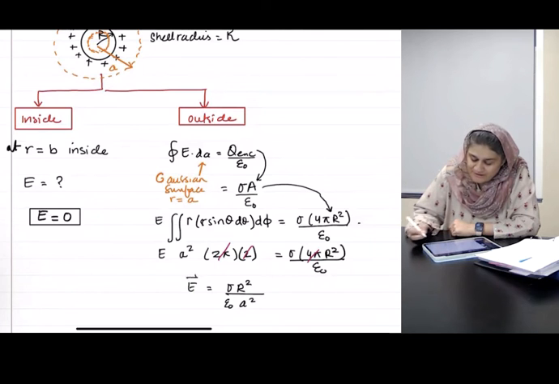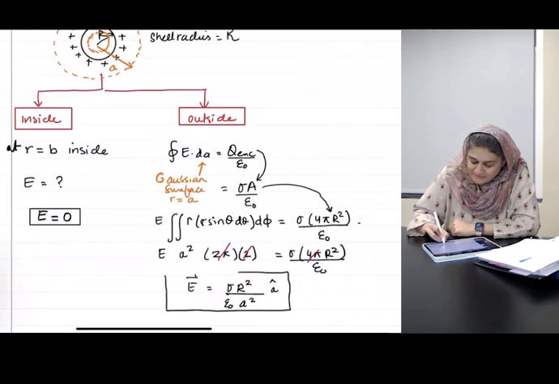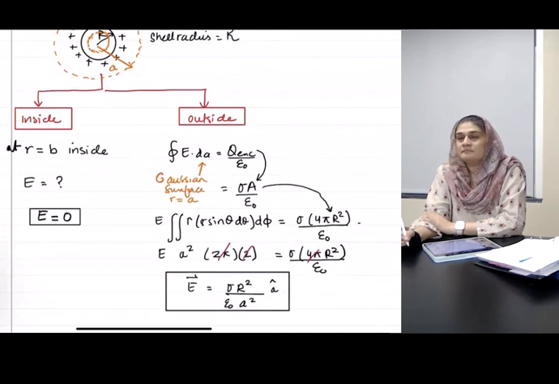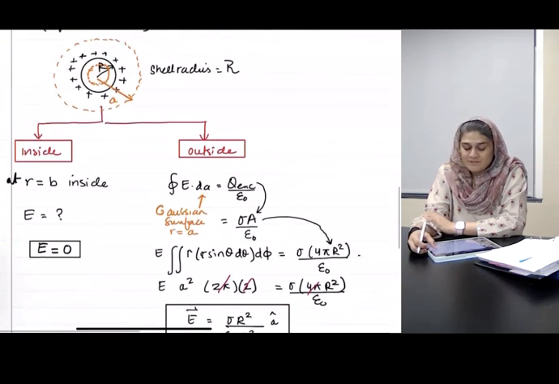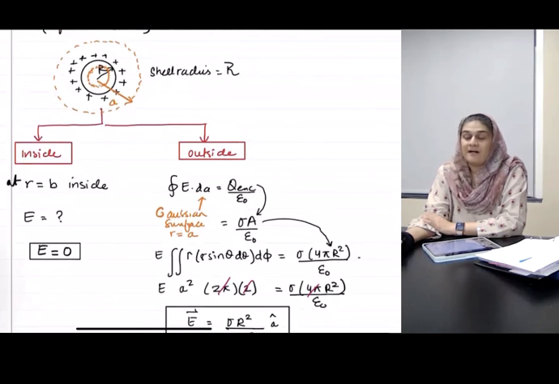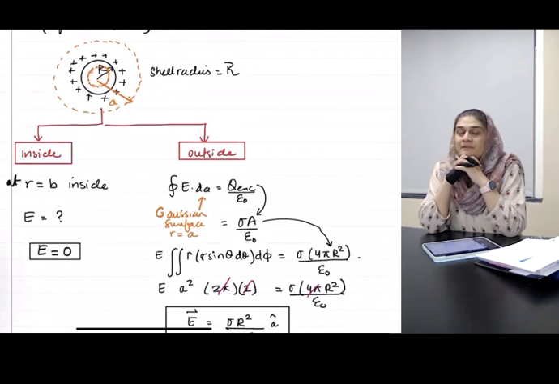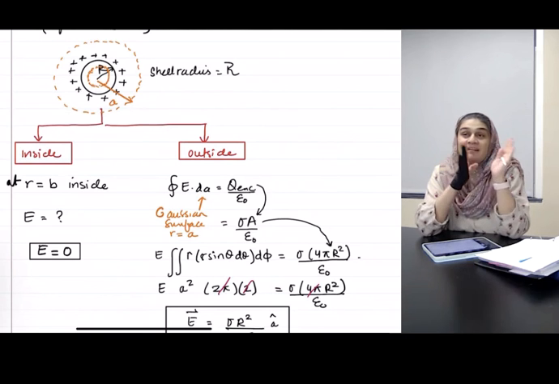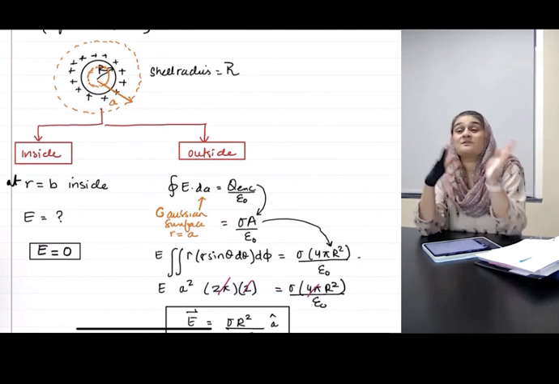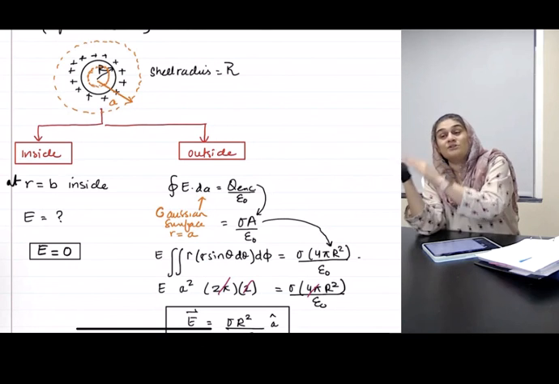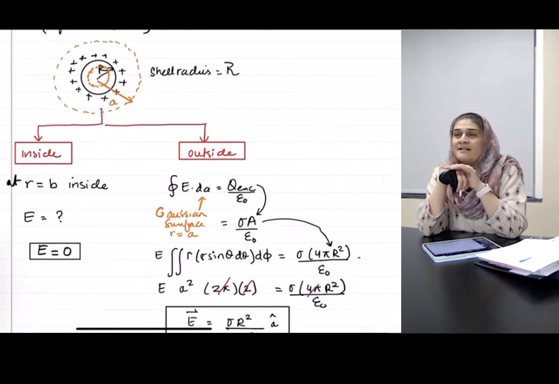And in order to convert it into a vector, I will multiply it with A hat, because the Gaussian surface is defined as r equals A. So it will be the normal to the Gaussian surface. So remember, the left-hand side defines the Gaussian surface. The right-hand side defines the charge enclosed. Good? Okay, excellent.